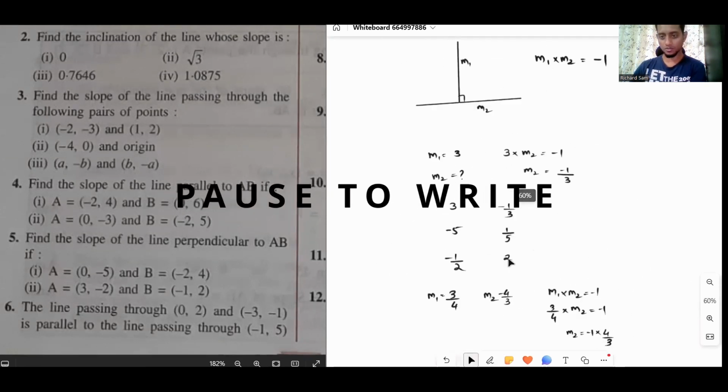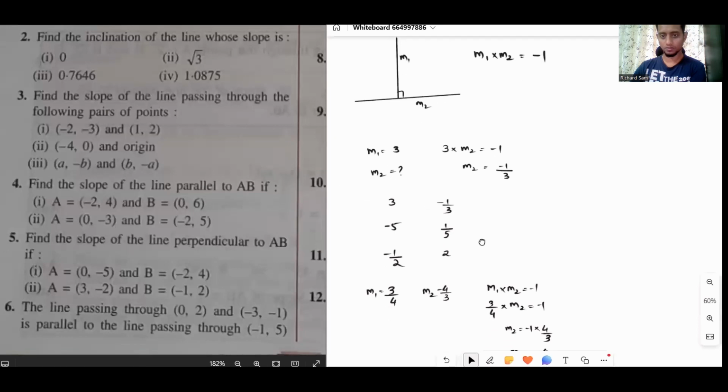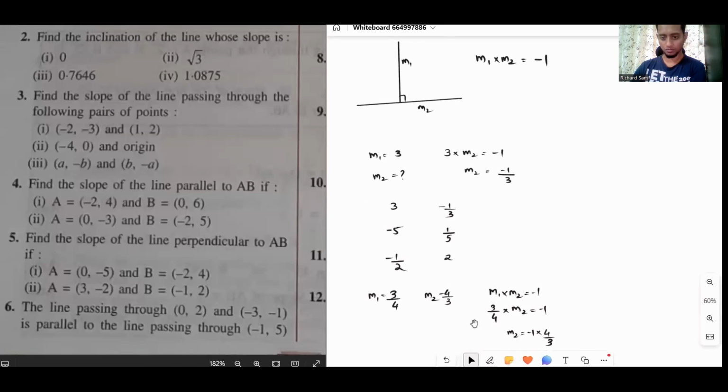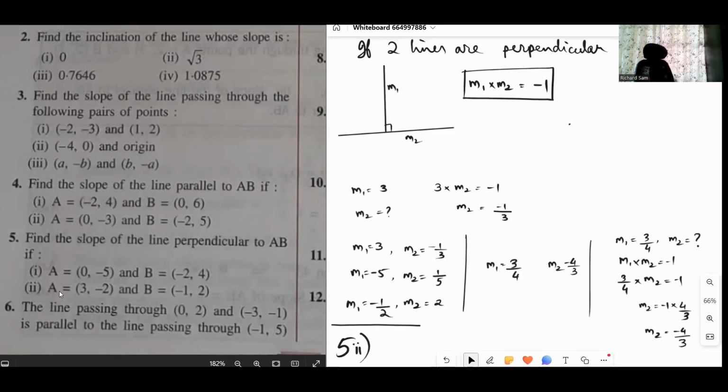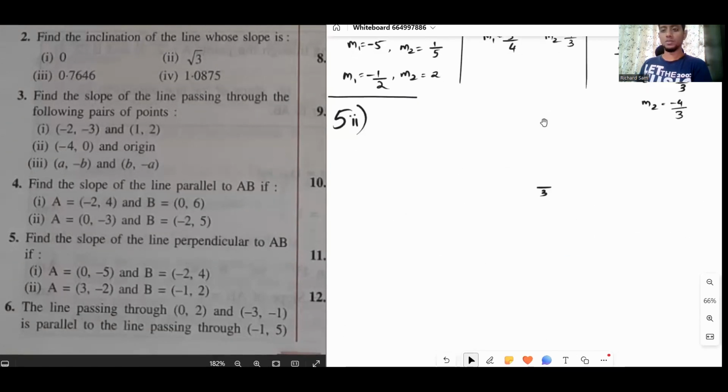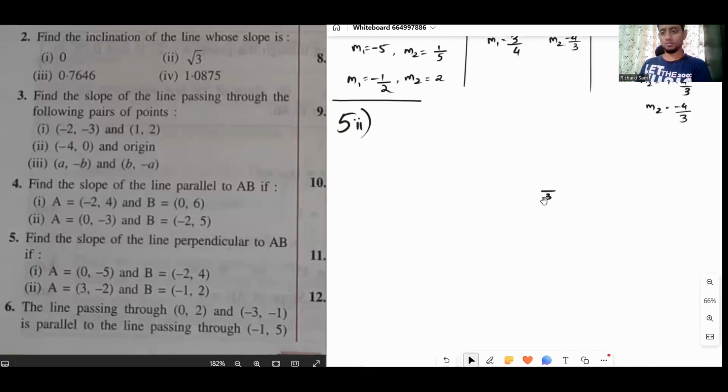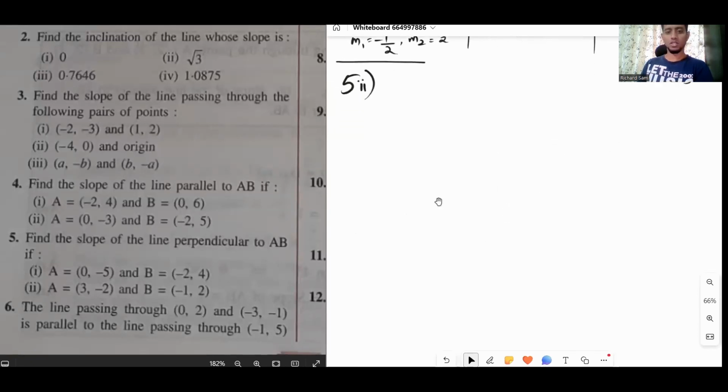Write this much. We start 5-2. You read the question. You're talking to each other only. Are you finished writing this? Yes. Okay, what is 5-2? What are they asking?